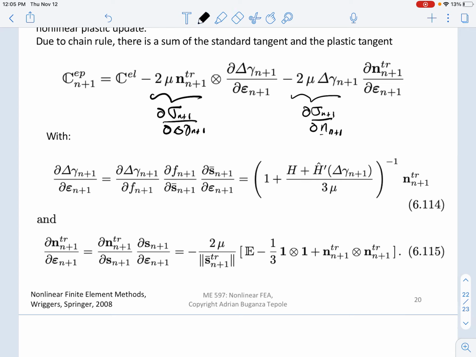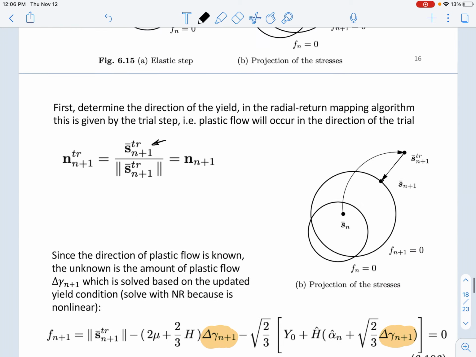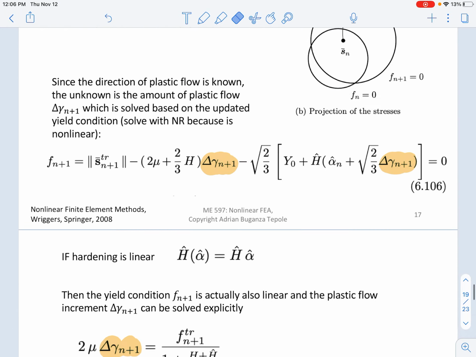And that's basically this term right here. So you can see that the derivative of the direction of the plastic flow with respect to the total strains is chain rule. So the derivative of this with respect to the S n plus 1. And then this one is given by this guy right here. So 2 mu and then the derivative of the deviatoric strains with respect to the total strains.